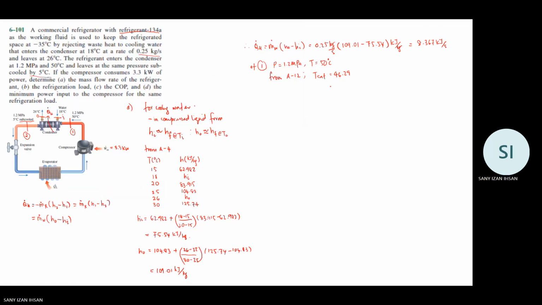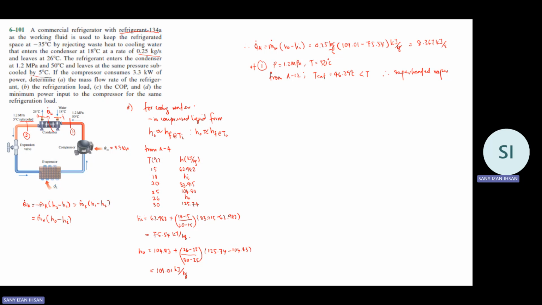Degrees Celsius, which is less than the temperature of our state. Therefore, we know that this is in the superheated vapor region. It already goes beyond the saturated temperature.